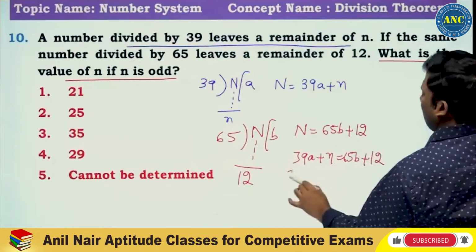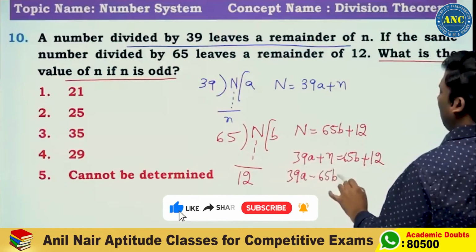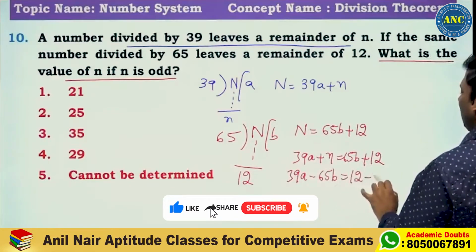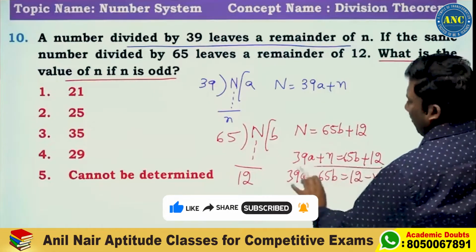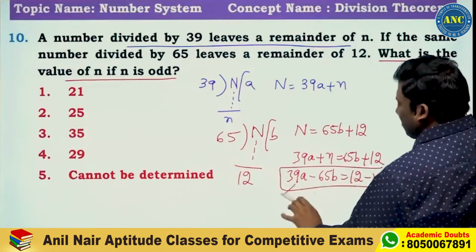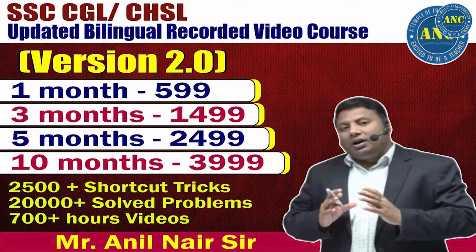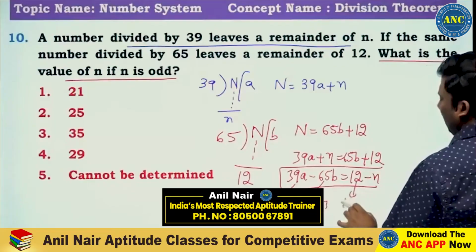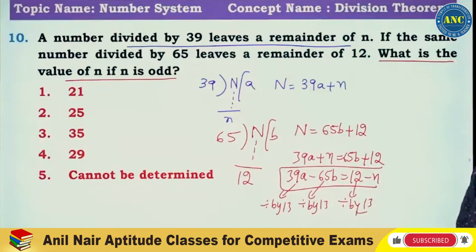So this becomes 39a minus 65b equals 12 minus n. Now 39 is divisible by 13 and 65 is divisible by 13, so this should be divisible by 13.